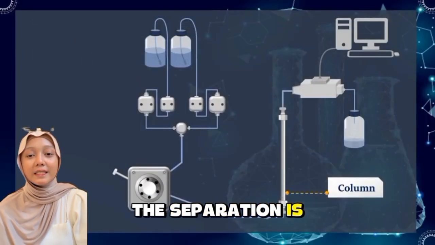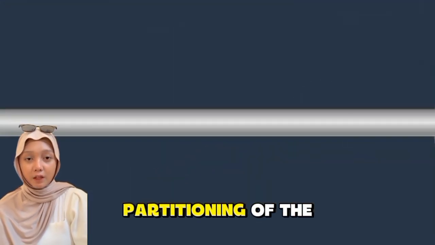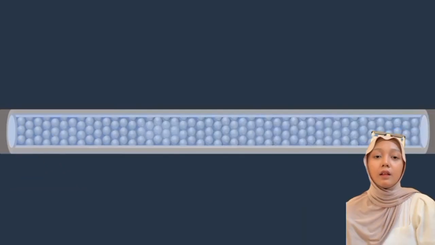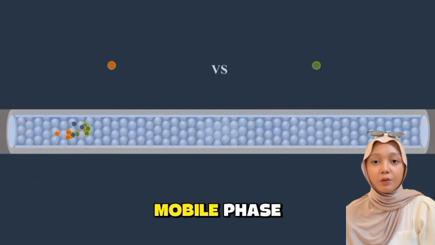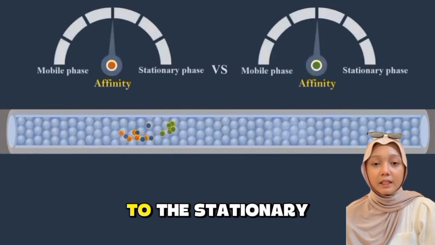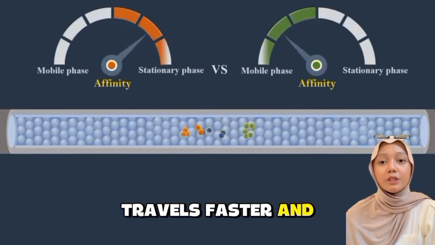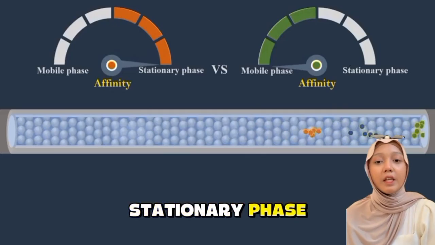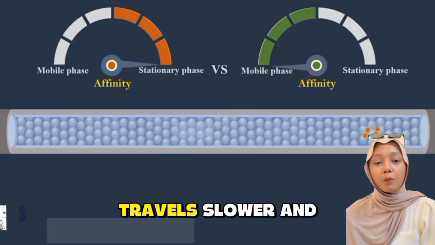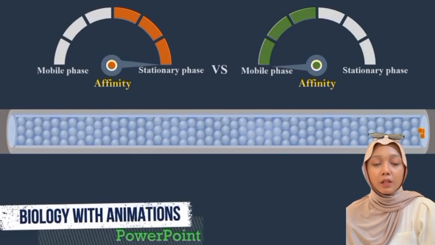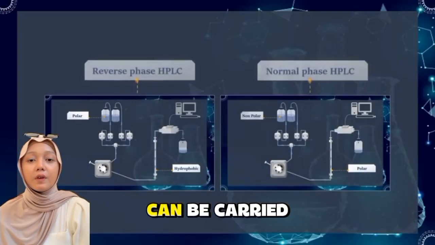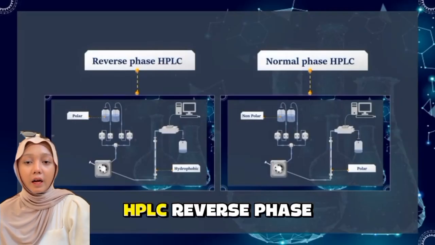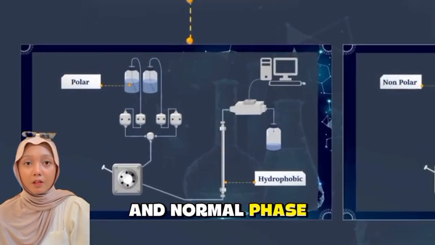The separation is based on the different partitioning of the sample components between the mobile and stationary phase. The component which has more affinity to the mobile phase, consequently less affinity to the stationary phase, travels faster and elutes out first. And the component which has more affinity to the stationary phase, consequently more interaction, travels slower and elutes later. According to the type of HPLC used, there are two main types of HPLC: reverse phase and normal phase.